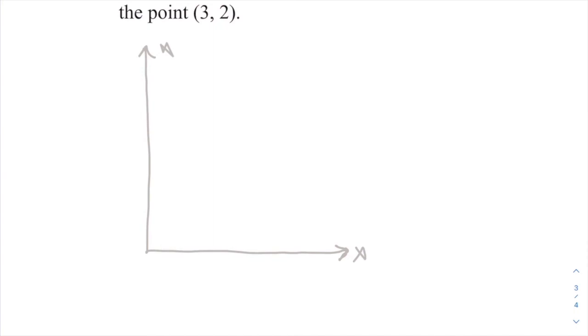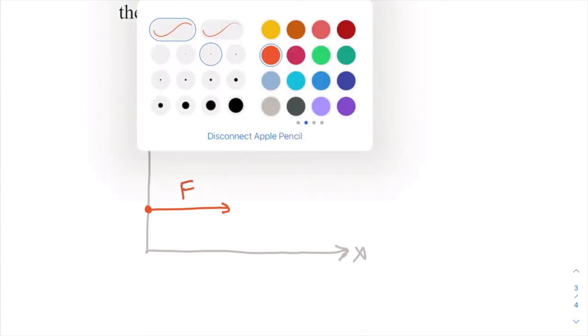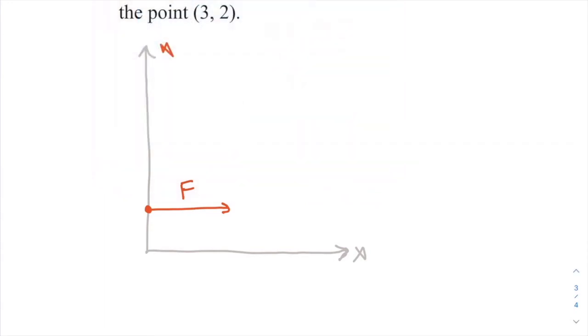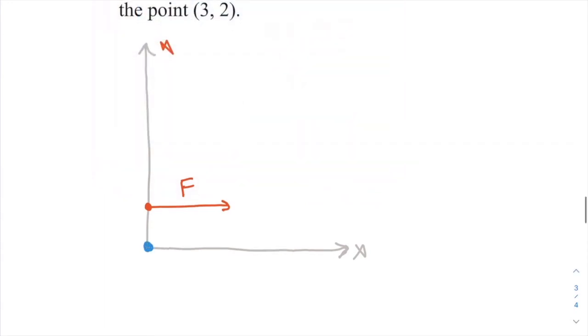So it's just 5 newtons in the x direction. So here's our force F. And then the path we're taking is from the origin to the point 3, 2. So here's the point 3, 2. So there's our path.